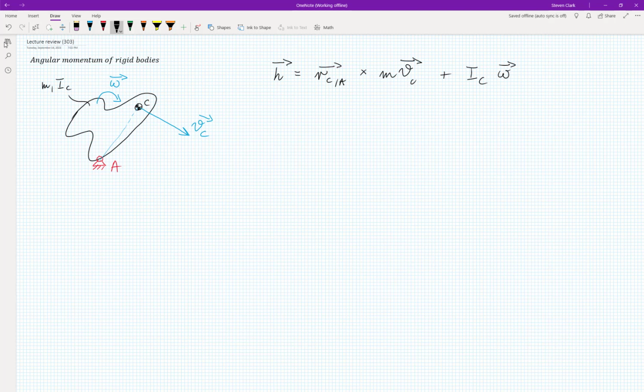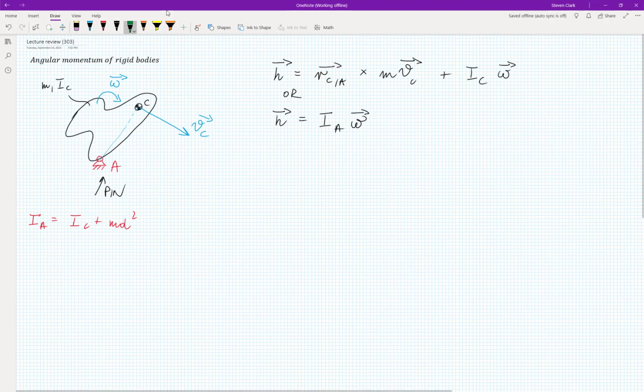However, our body is pinned as well. This is a pin. So we can also go for the other one. We can also express our angular momentum with such an expression, I_A omega, where naturally I_A can be calculated using the parallel axis theorem: I_C plus m d squared.